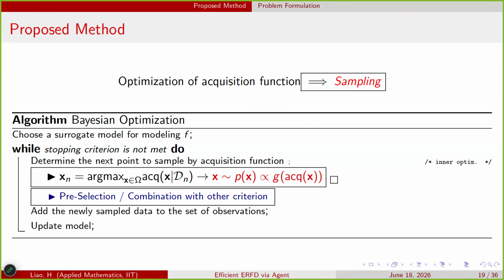So the full algorithm for our proposed method, we're still using the surrogate model, still using the Bayesian framework, but we're proposing a sampling distribution at each step instead of doing some optimization. And then we incorporate some other selection steps in our scenario. Then we can add those samples to the data set and still update the model.